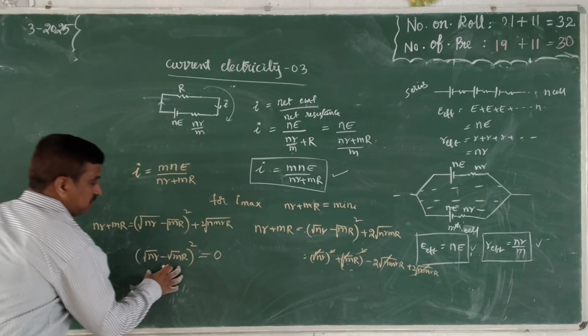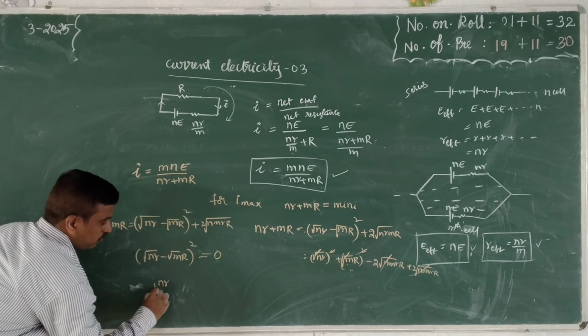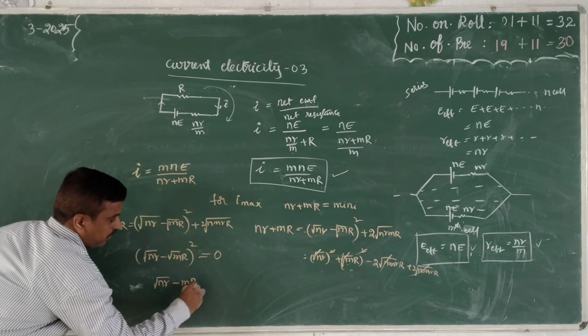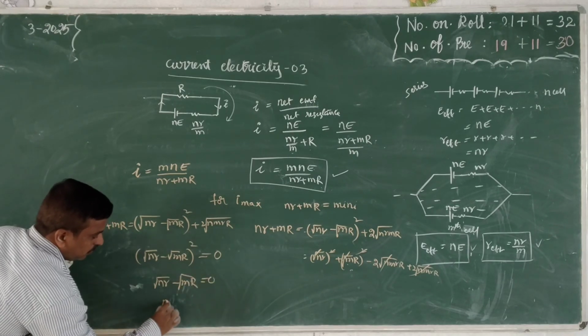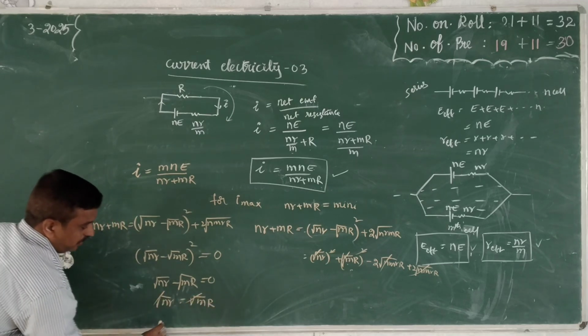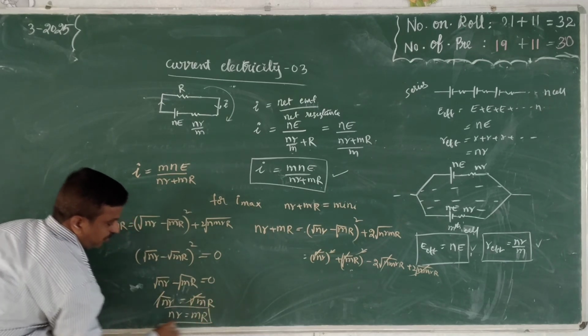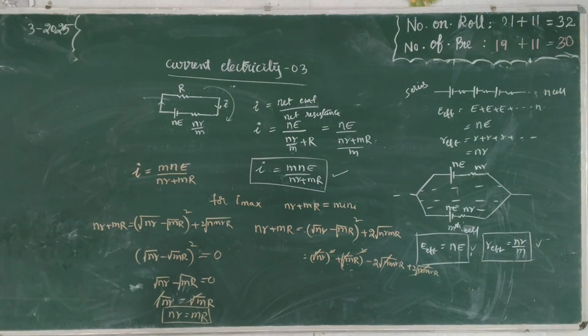That's why this term is equal to 0. Root n r minus root m R equal to 0, root n r equal to root of m R, so the roots cancel, so n r equal to m R.